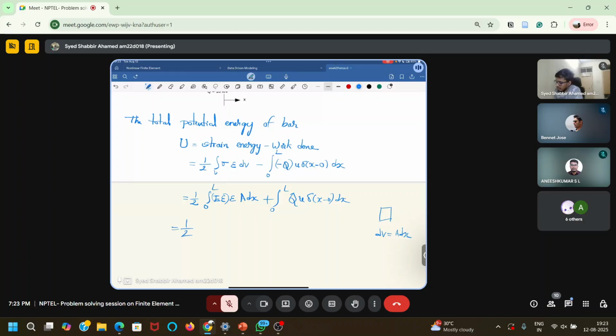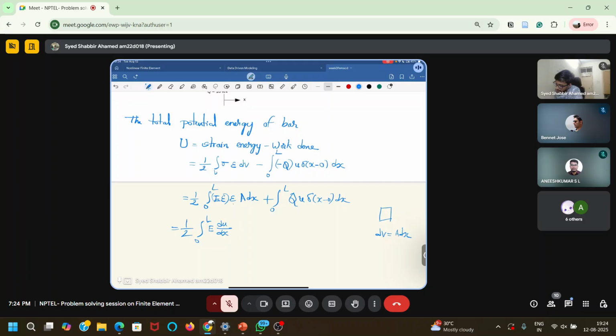For a bar, because this is an axial force and it undergoes axial deformations, we can take epsilon equals du by dx, the change in length, which is nothing but the change in displacement by the original length of the bar.